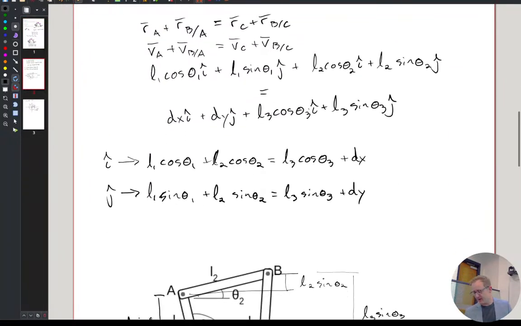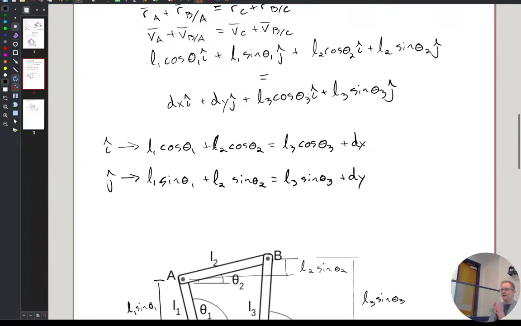But there was a great question about why are we doing this? Like we're going through so much work to get sines and cosines and dx's and distances. What was the point of all this? Why do we even do this?